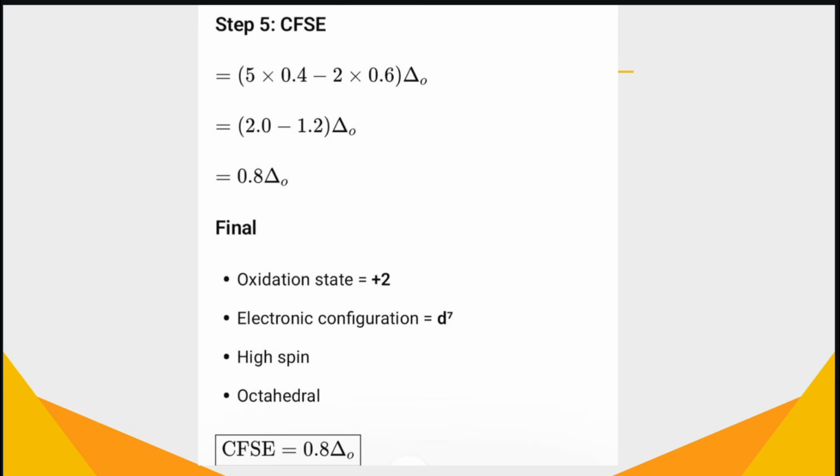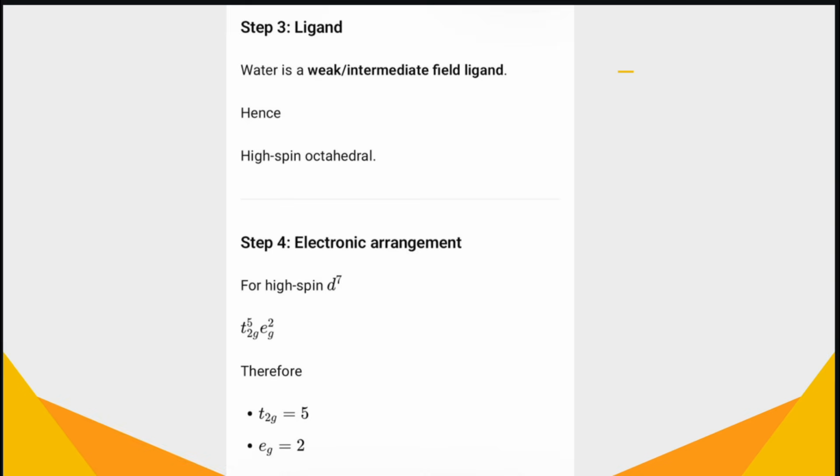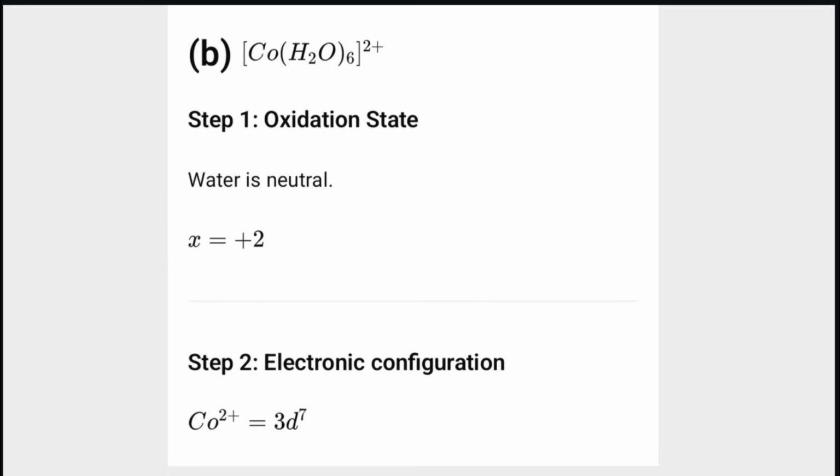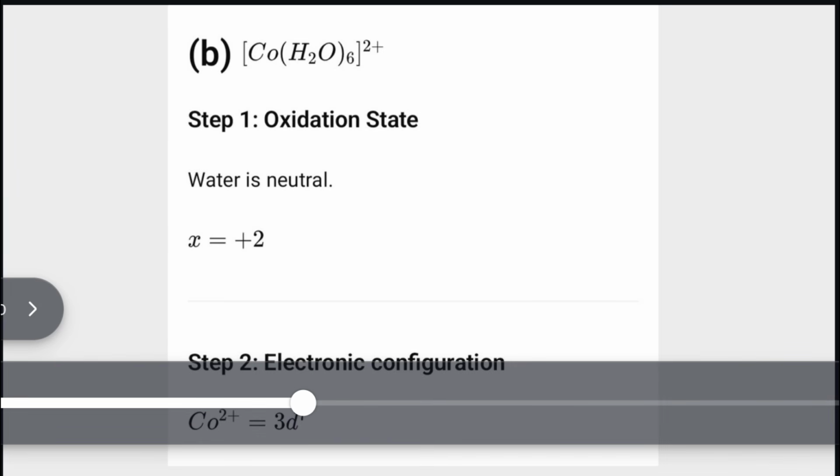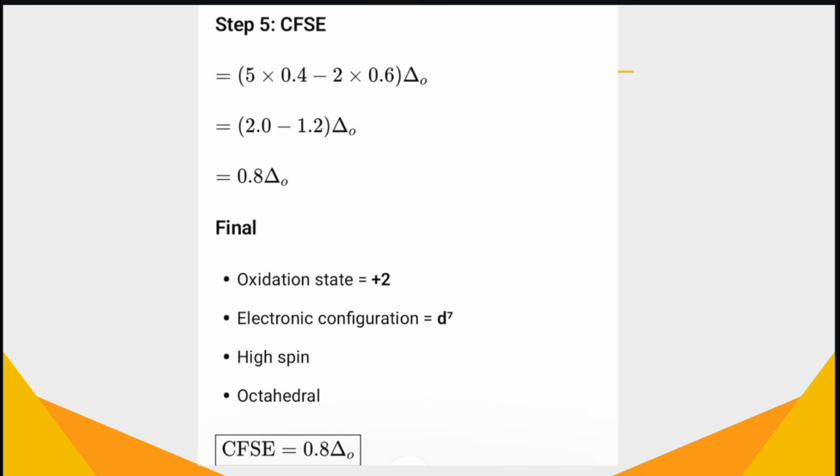Finally, the oxidation state is +2, the electronic configuration is d7, high spin octahedral, so CFSE is equal to 0.8 delta naught. Here we calculated directly in delta naught because this complex, [Co(H2O)6], is an octahedral complex. The earlier complex is a tetrahedral complex, that's why we first calculated CFSE in delta T, then converted it to delta naught.